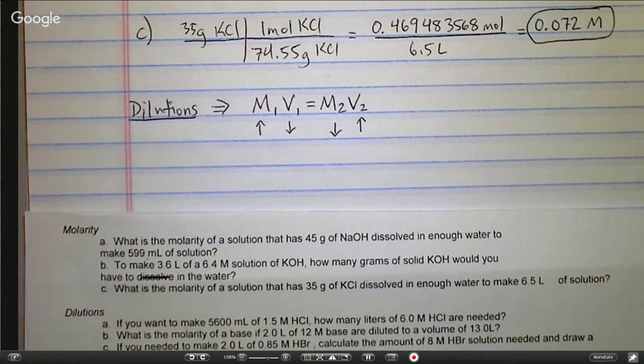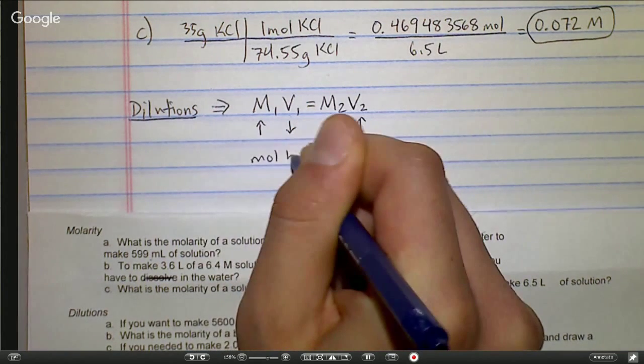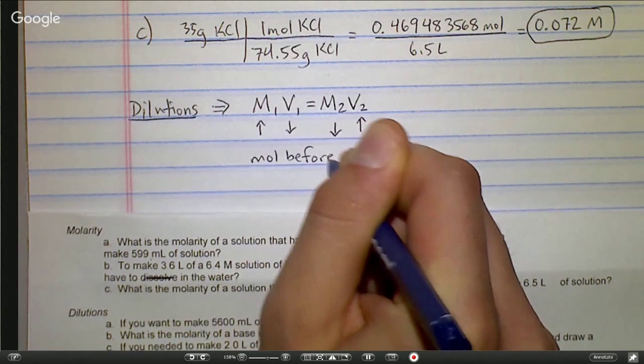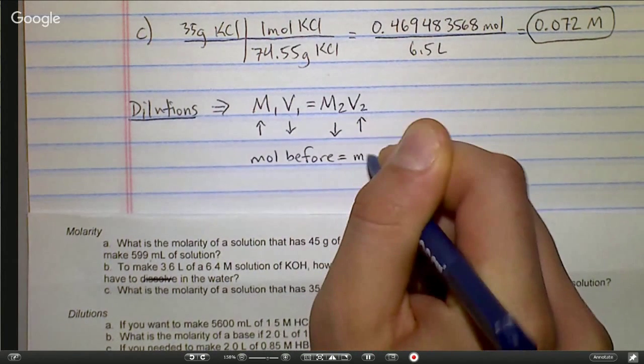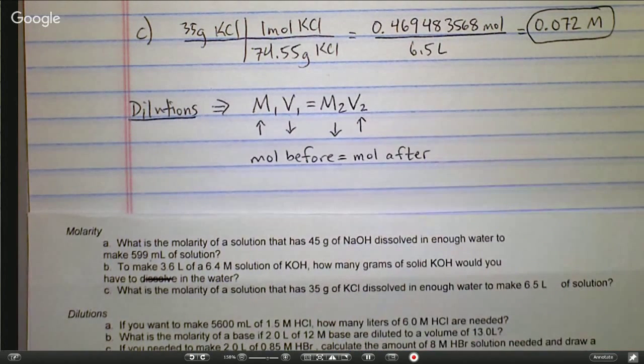So when you do a dilution problem, this says that the moles before the dilution end up being the same as the moles after, because effectively you are not changing the quantity of the substance or the number of particles. You're just changing how much of it per volume, in a sense. So it's the same quantity of particles, you're just changing the volume, and so then we have a different concentration.